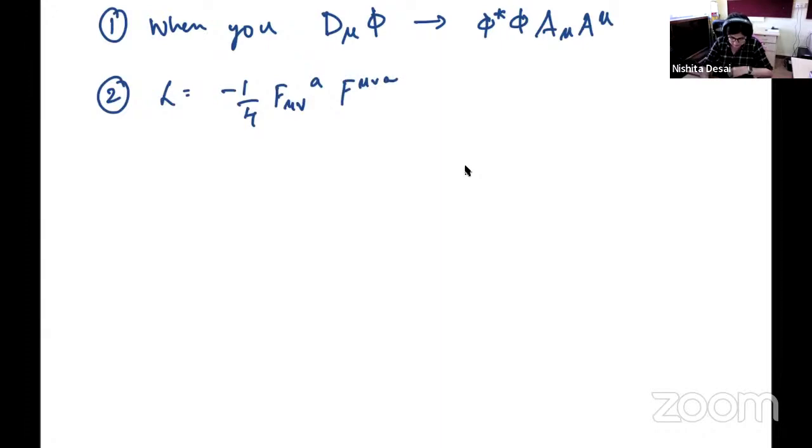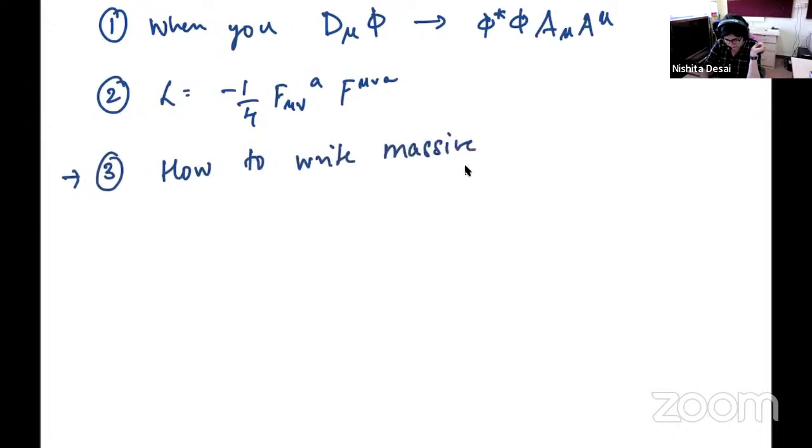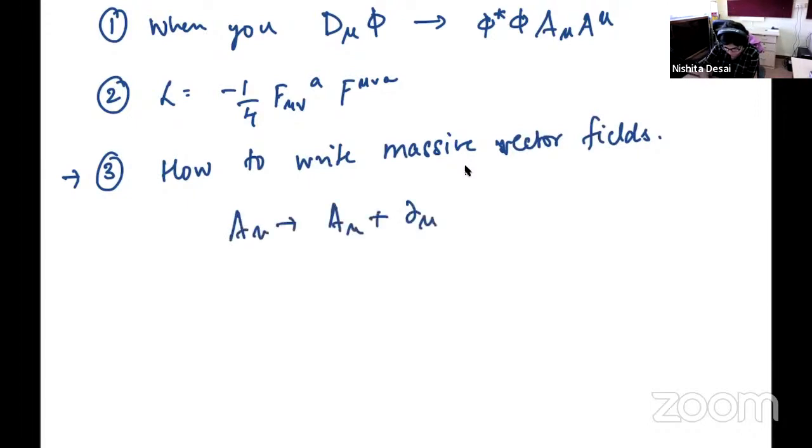Now the third thing that we need to do is how to write massive vector fields. So remember we had A_mu goes to A_mu plus del mu alpha.